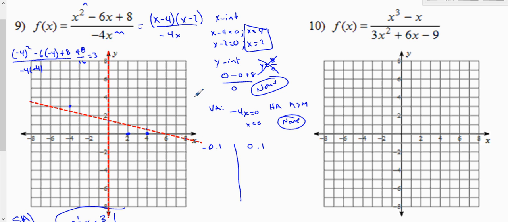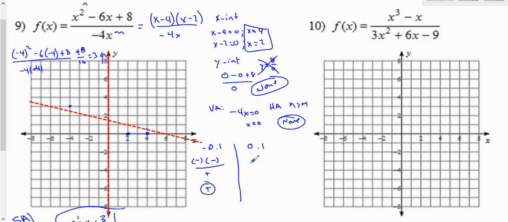When I plug in -0.1 minus 4, that's a negative number. -0.1 minus 2 is a negative number. -4 times -0.1 is a positive, so that is a positive value. So I was correct. I'm going to be going up on the left.